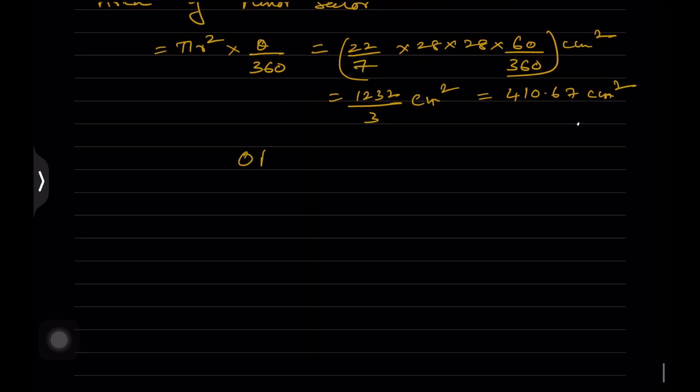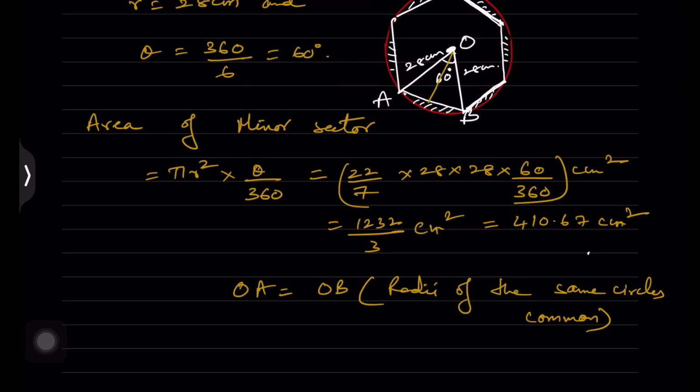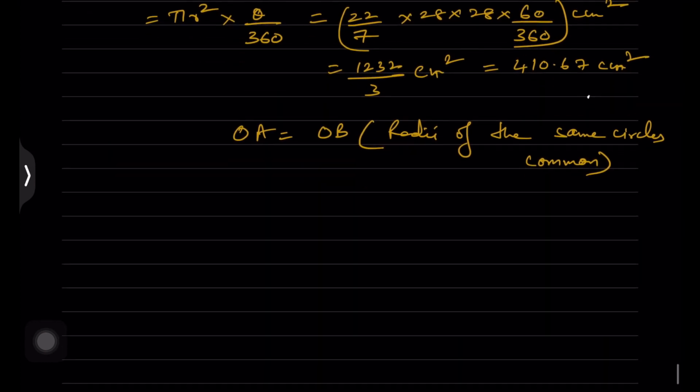So OA is equal to OB, radii of the same circle. Common perpendicular to this line. This is M. So therefore OA is equal to OB, radii of the same circle, common we are having.